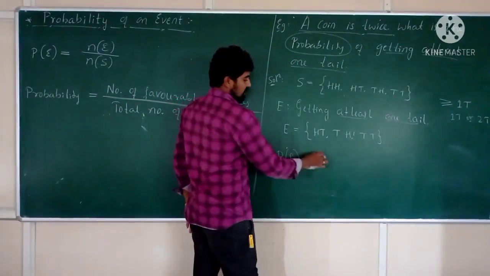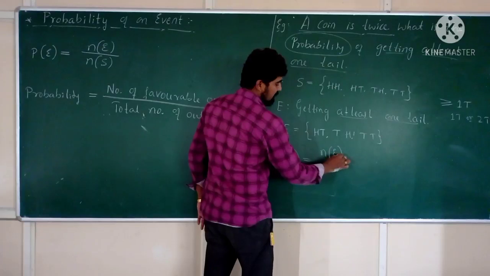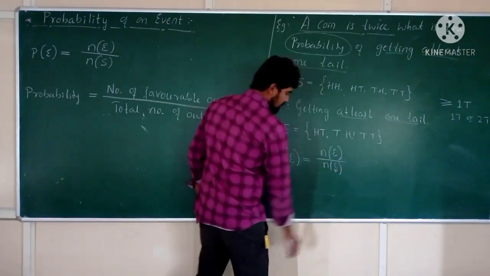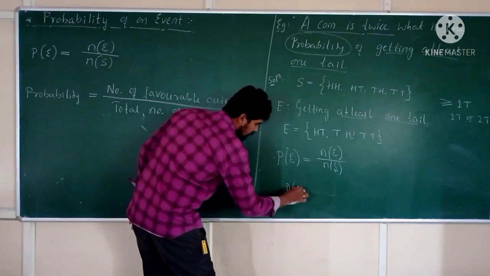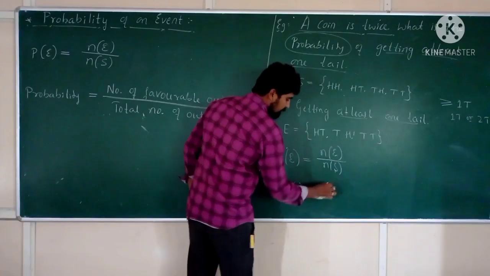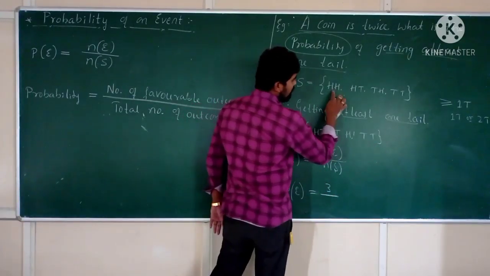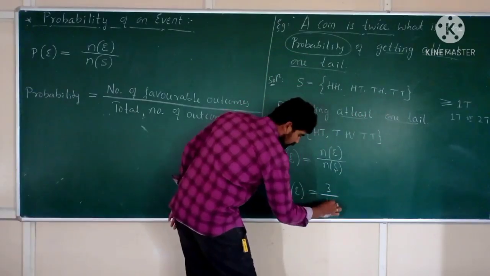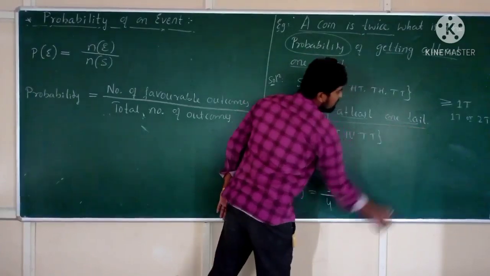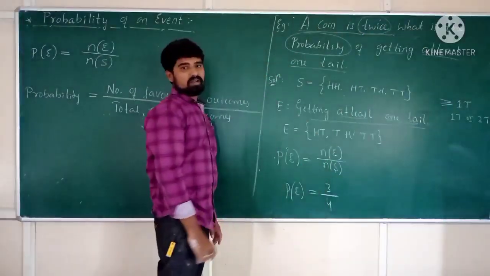Hence, the probability of the event E is given by the number of outcomes present in the event E, which is 3, divided by the number of outcomes present in the sample space, 1, 2, 3, 4. So therefore, 3 by 4 is the probability of getting at least one tail when a coin is tossed twice. I hope all of you understood.